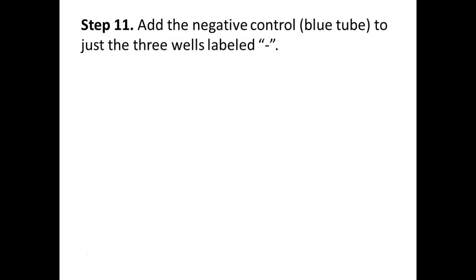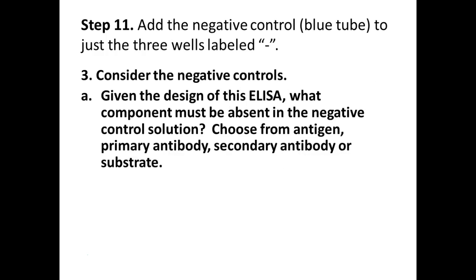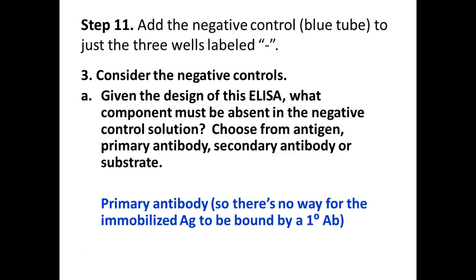Our negative wells, what are they going to be lacking? What are we testing for in this test? Primary antibody. So therefore they're not going to have the primary antibody, right? Not unless I messed up, and I'm pretty sure I didn't. So this is going to help us prove that only the primary antibody will bind to that antigen, because we should get negative results if there is no antibody, right?